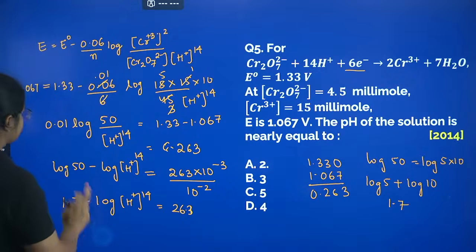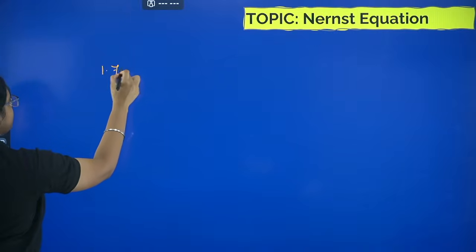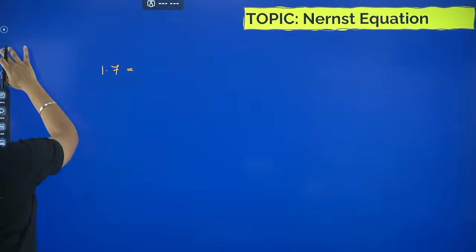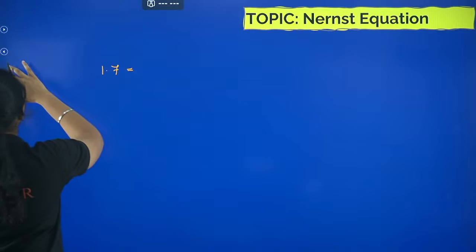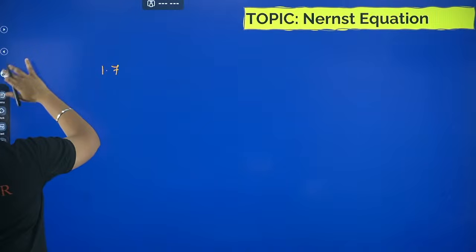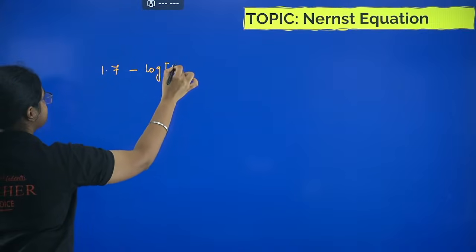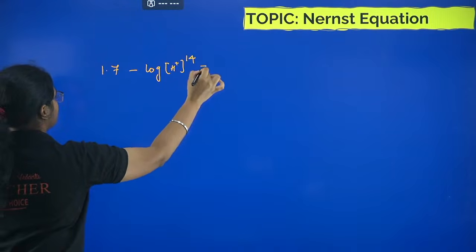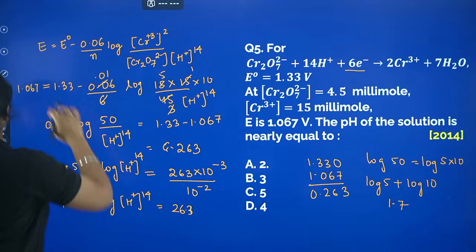Now let's go to the next slide and continue from here. So what I had, 1.7 is equal to minus, 1 second students, I'll take your doubt, just wait, minus log of [H+] to the power of 14 is equal to how much? 26.3.